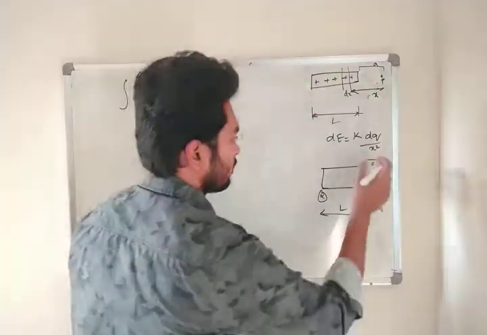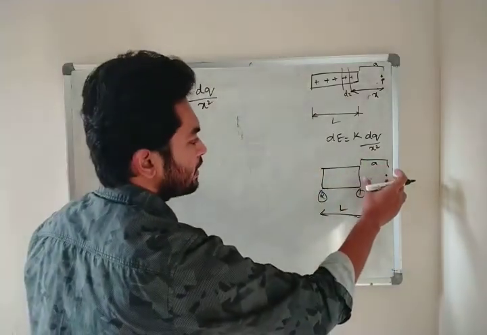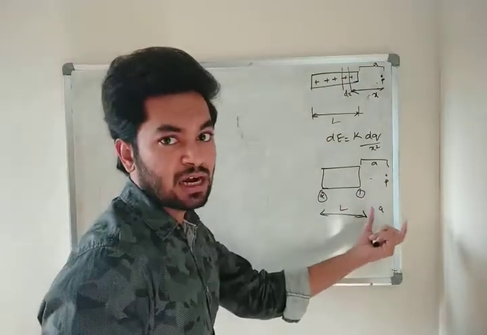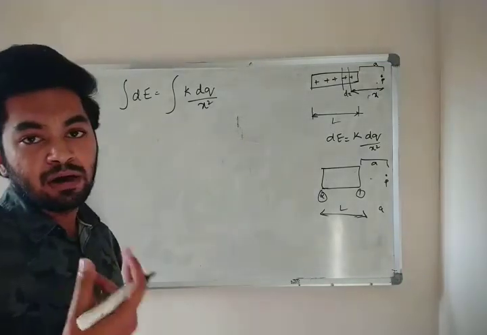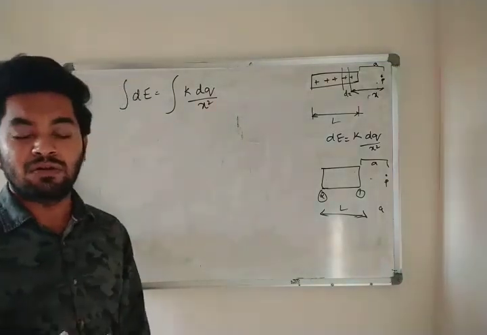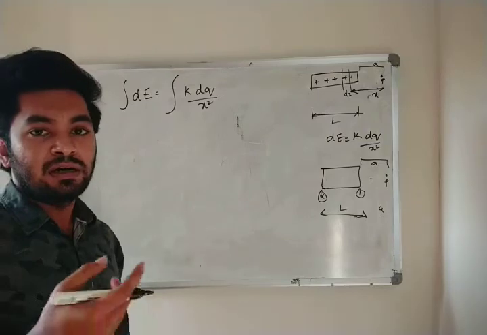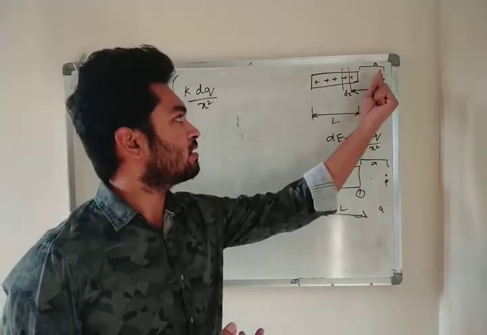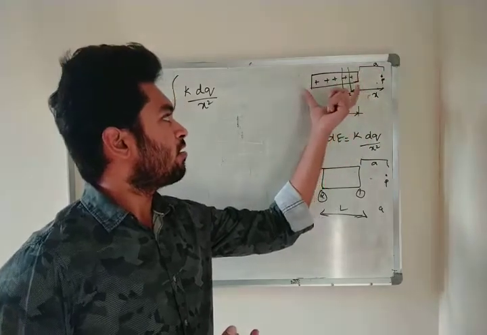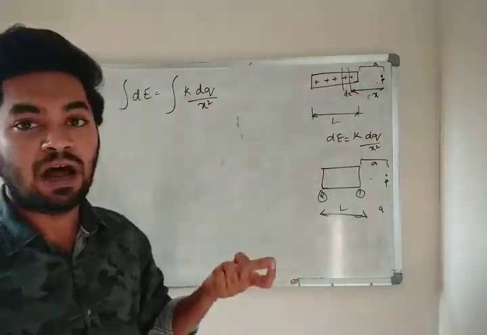So our starting point is A, and our ending point is A plus L. In class 11 you have already learned definite integration, upper limit and lower limit. So A is our lower limit, and A plus L is our upper limit.